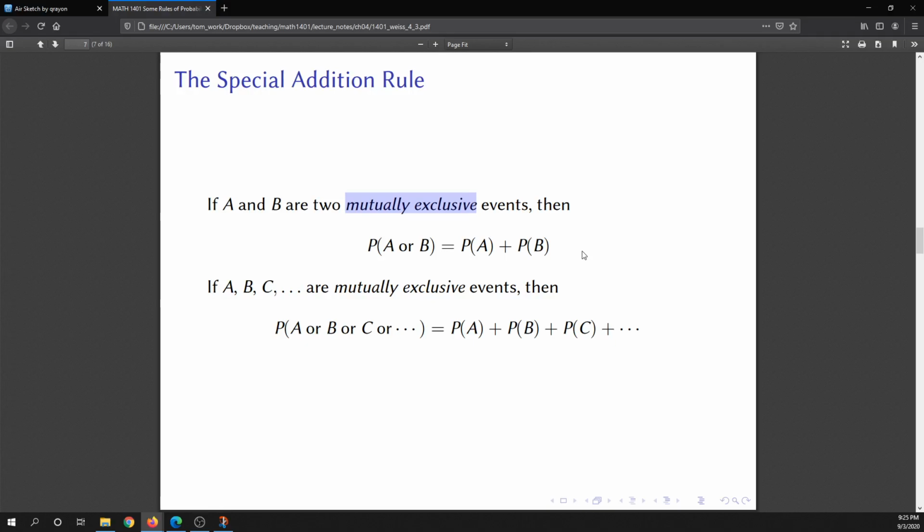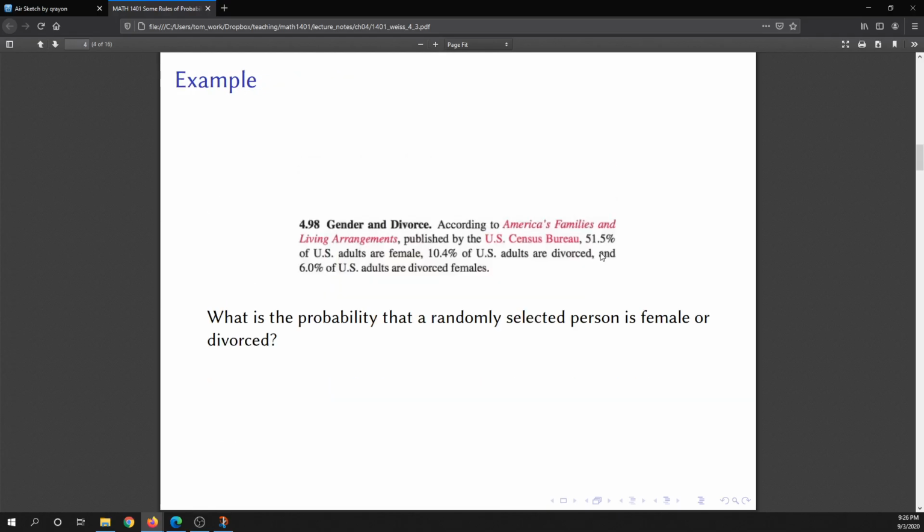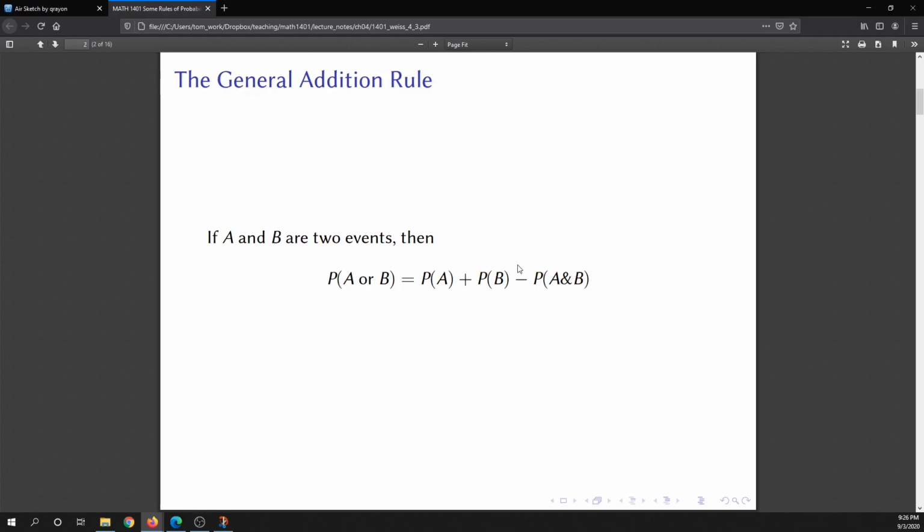And so if your two events are mutually exclusive, there's no overlap between them, so there's no need to subtract off the probability of A and B, because the probability of A and B both occurring is 0, right? So if the events are mutually exclusive, then this big thing right here is a 0, and so you can just ignore that.